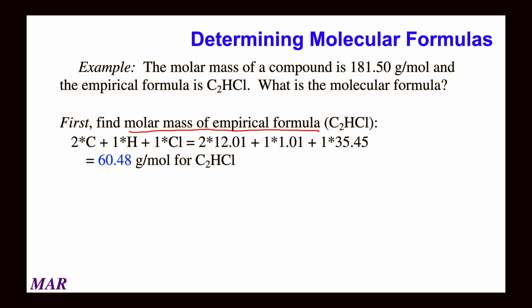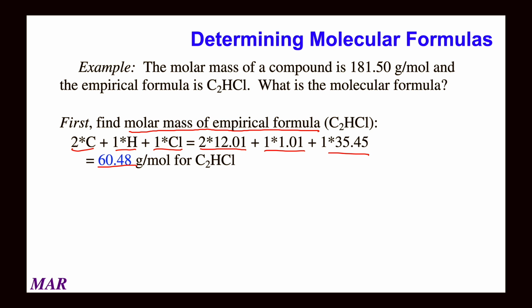So if you add up 2 carbons, 1 hydrogen, and 1 Cl, you would have 2 times 12.01 for carbon, 1 times 1.01 for hydrogen, and 1 times 35.45 for chlorine. 60.48 is the molar mass of the empirical formula.